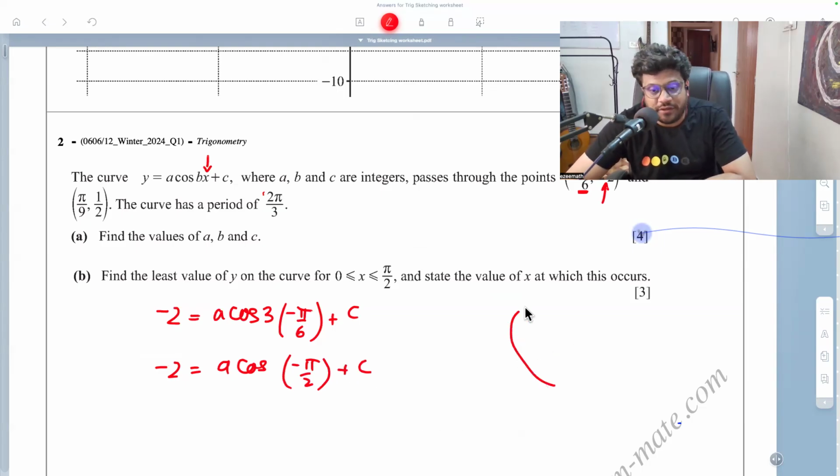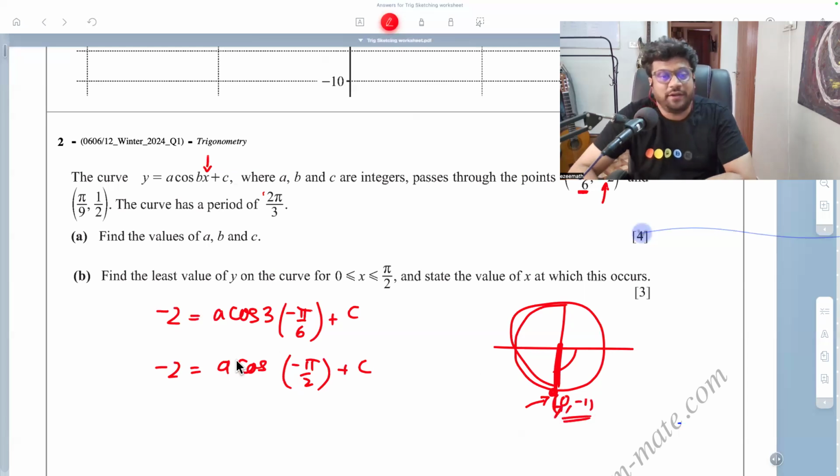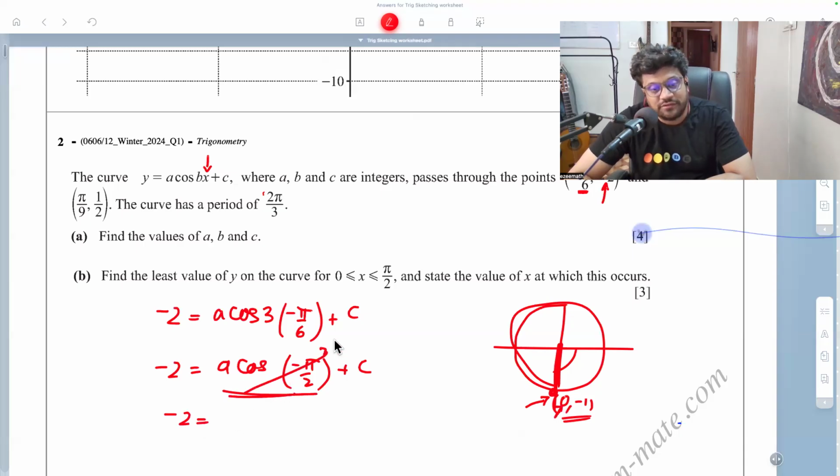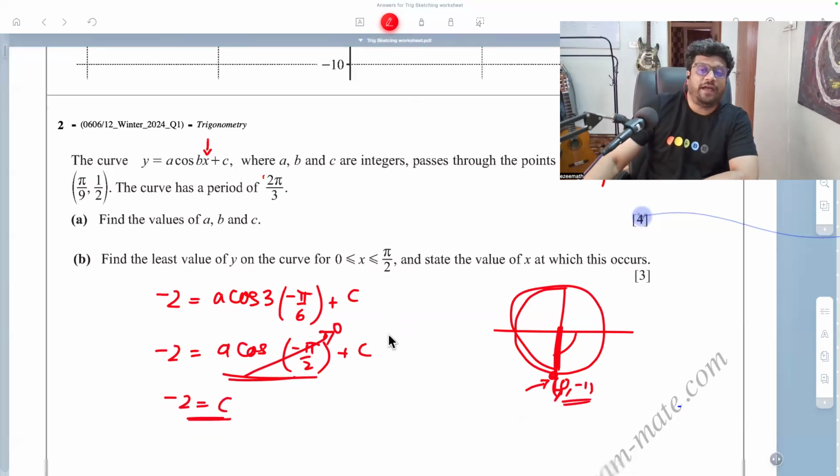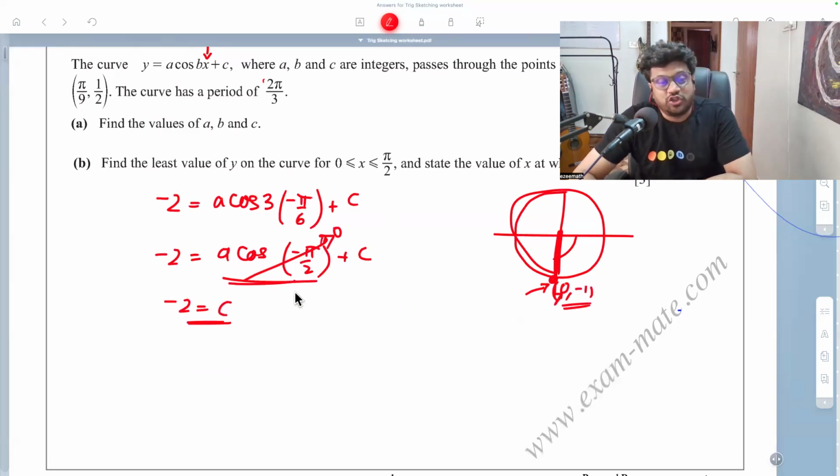Again, coming from the unit circle, I know minus pi by 2 is out there. This is the point. The x coordinate of this point on the unit circle will be 0, which means cos of minus pi by 2 is 0, which means this whole thing goes, and minus 2 is c. There it is. C value also obtained by one of the points. c is minus 2.